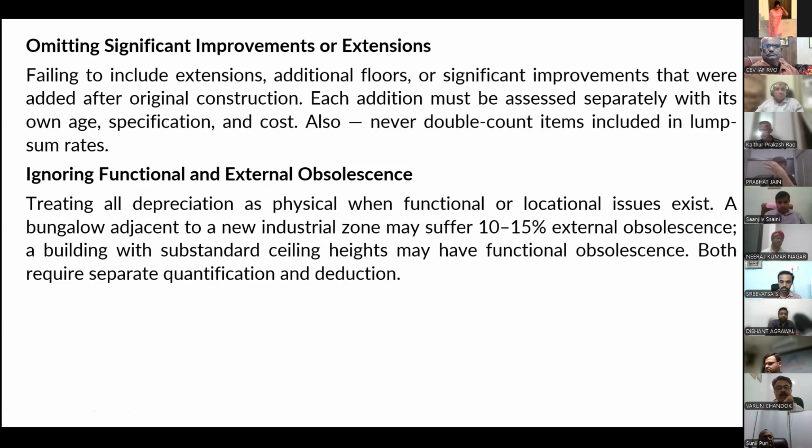So it may be, for example, if this bungalow is nearer to an industrial zone, it may suffer 10 to 15% external obsolescence. Or a building with substandard ceiling may have functional obsolescence. So both require separate quantification and reduction. So this is a problem.